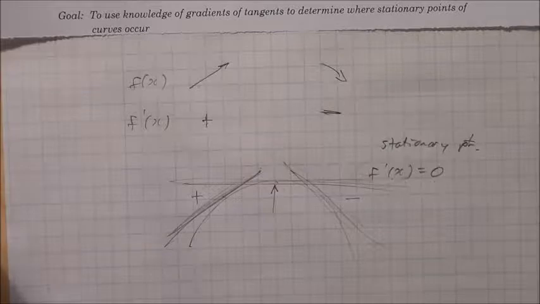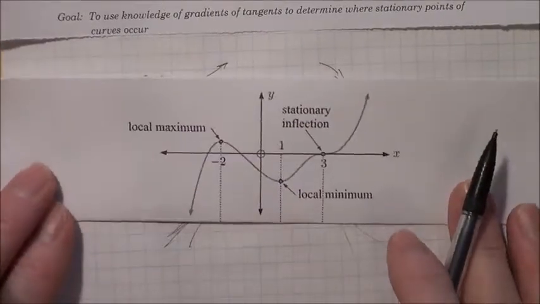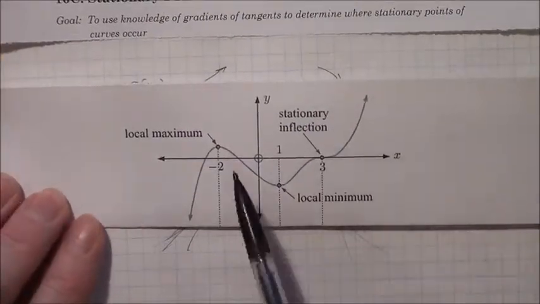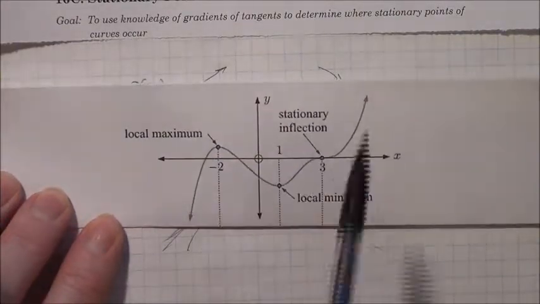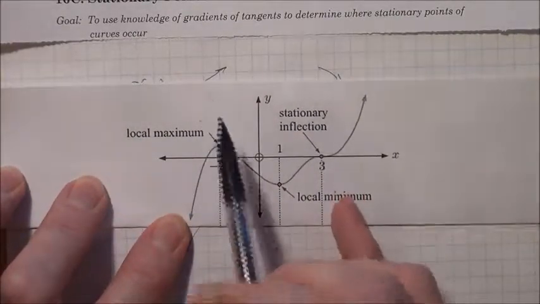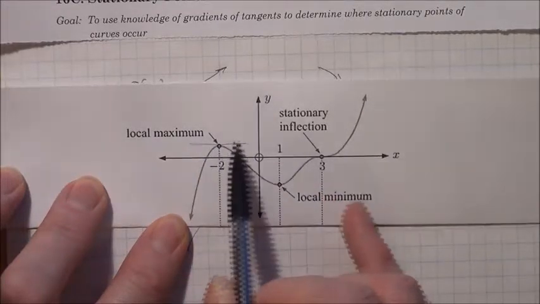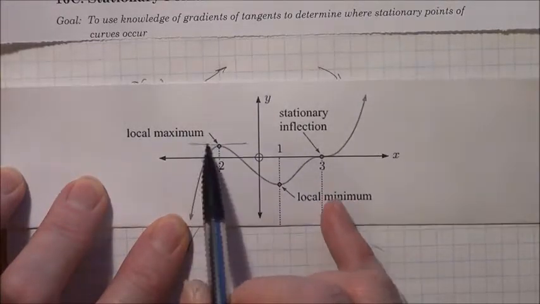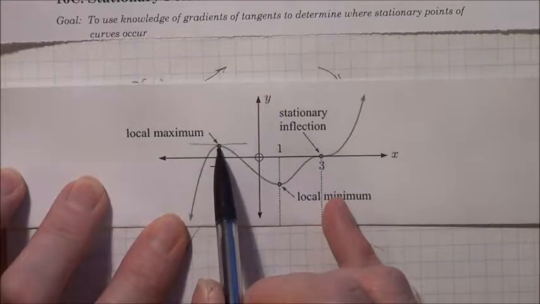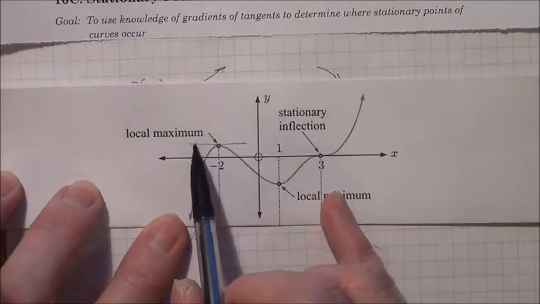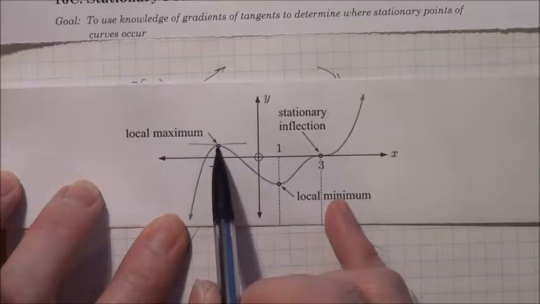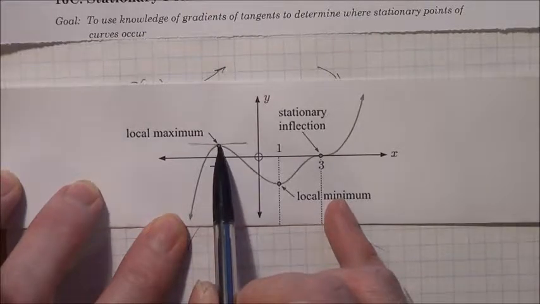So when we take a look at functions like this, for example, we see that there's a local maximum here, and here is right where the gradient is 0. The tangent is horizontal, so the gradient of that tangent, and therefore the gradient of the curve, is 0 right at that point.